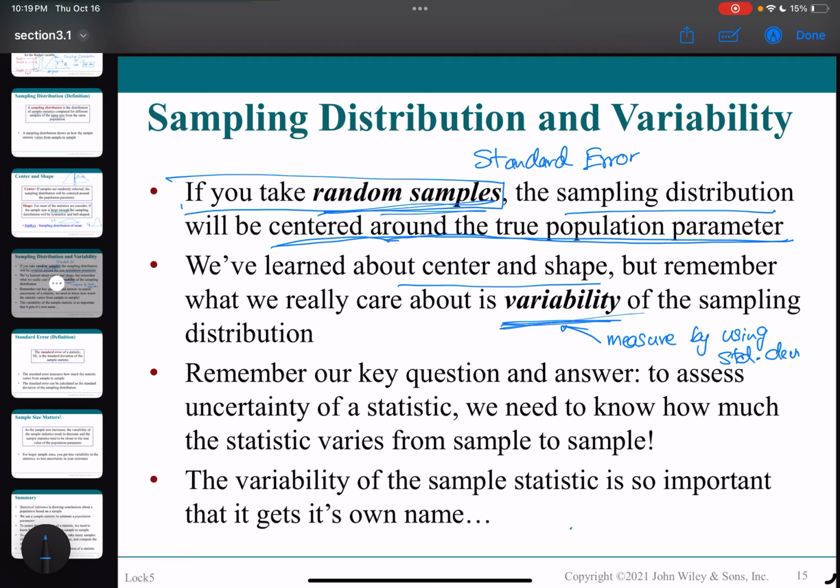You will see this a lot. This standard error is exactly the same as the standard deviation. Whenever you see standard error, that means the standard deviation. There is no difference.